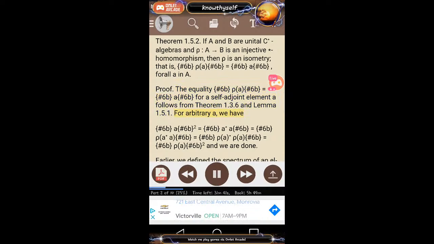For arbitrary a, we have the norm of a squared equals the norm of a*a equals the norm of ρ(a*a) equals the norm of ρ(a)*ρ(a) equals the norm of ρ(a) squared, and we are done.